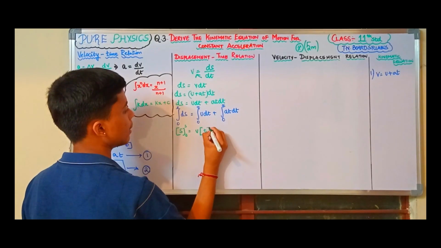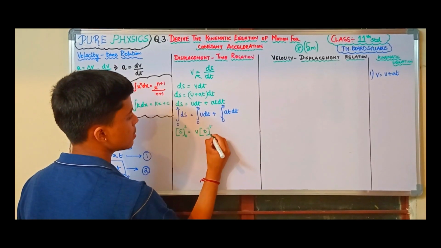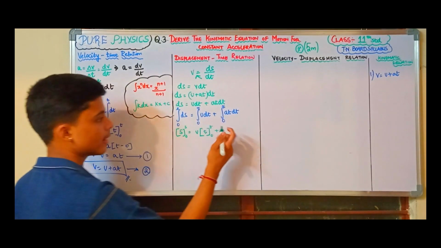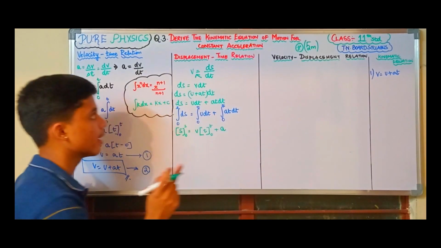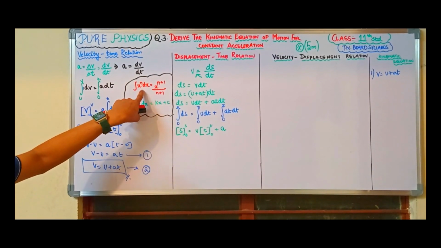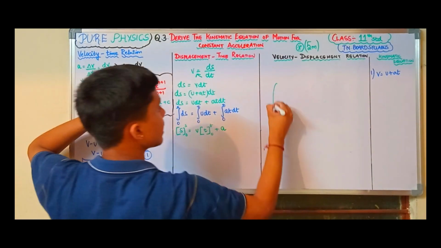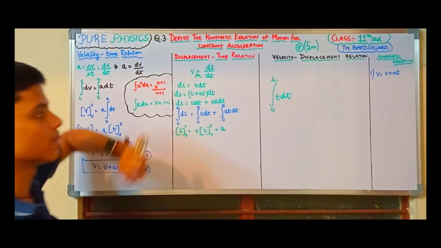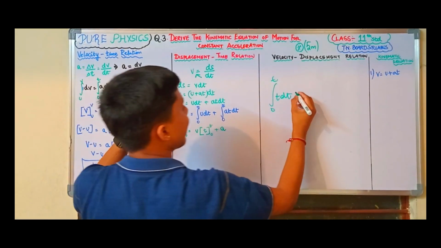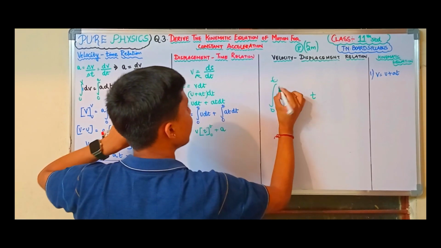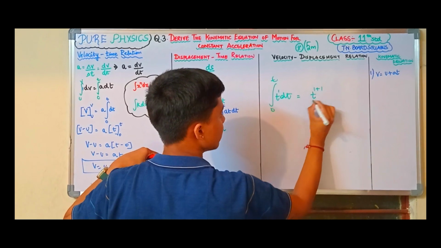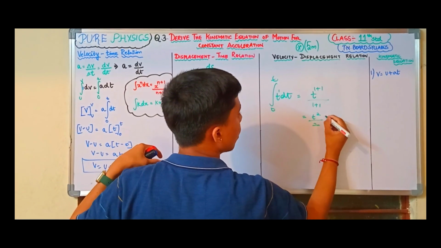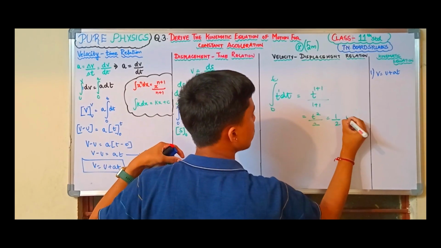So I'll write t with the limits 0 to t, plus a is a constant here, so I'll take a outside, and now I'm going to apply this formula for integration of t dt from 0 to t. My x value is t and my n value is 1. So it is t to the power 1 plus 1 by 1 plus 1, which is t square by 2, or I can write it as 1 by 2 into t square.